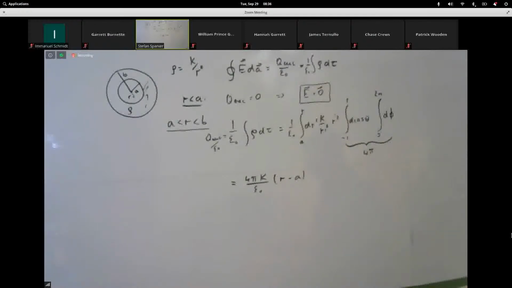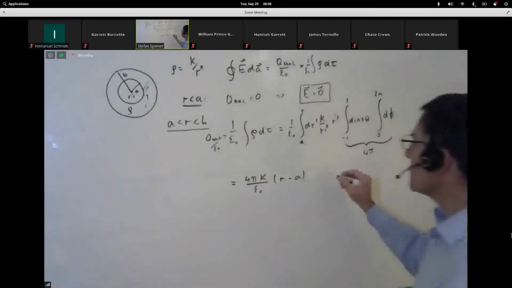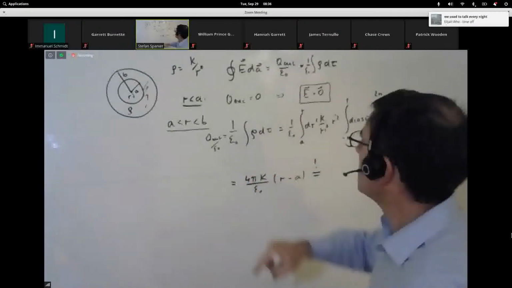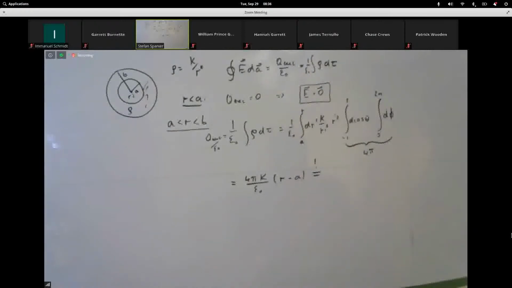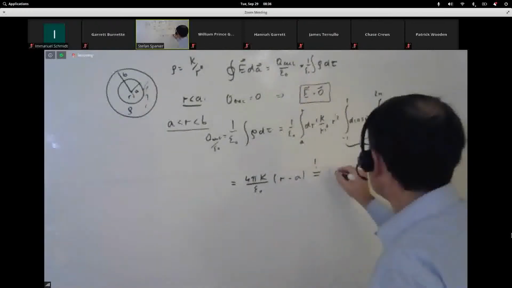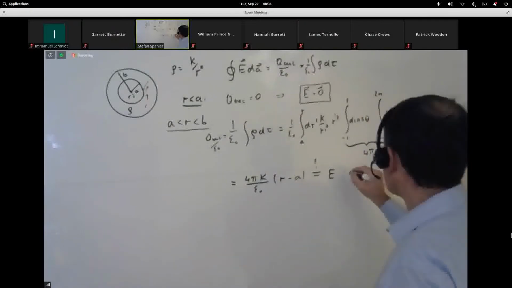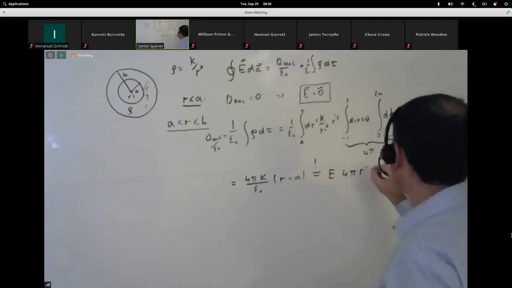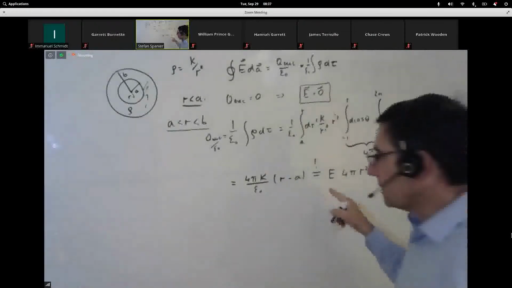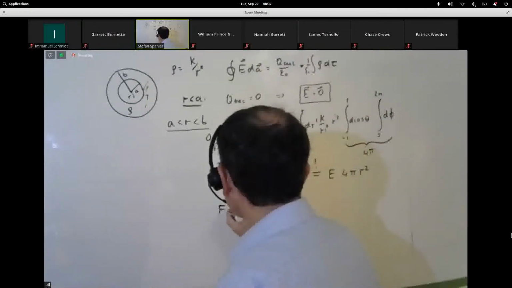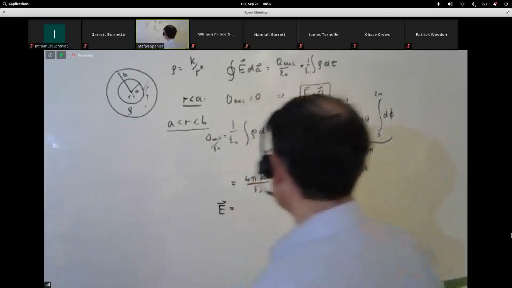That's the enclosed charge. And now we said this has to be equal, again, to the integral over the surface here. It is spherically symmetric. I can pull E in front of the integral, but then it just becomes E times 4 pi r square. And now I just solve this for E, and I make sure I carry around also the direction of E, which is along r.